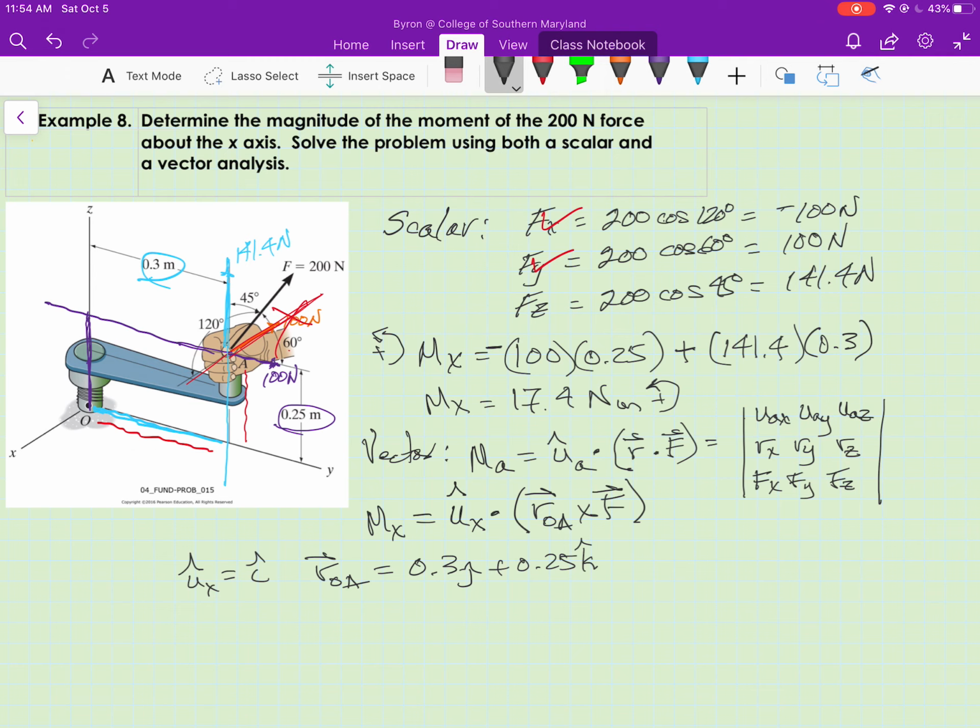So R from O to A is 0.3 j plus 0.25 k. And then the force is simply the magnitudes of the force that we calculated earlier associated with their respective unit vectors.